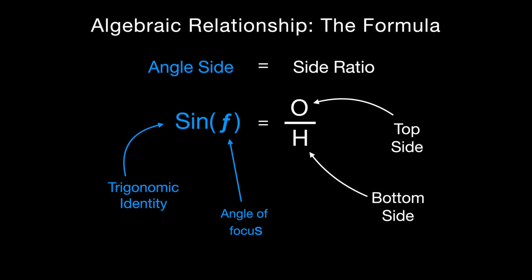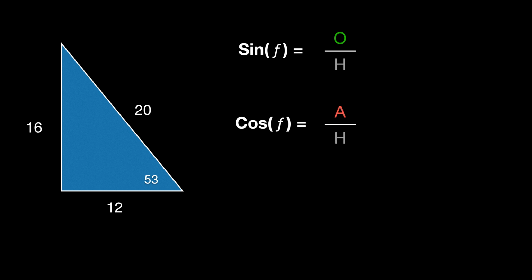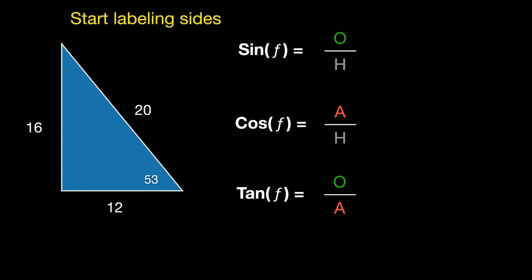Now let's look at an actual triangle and plug into this algebraic relationship. Again, the sine of the angle of focus has the side ratio opposite over hypotenuse. The cosine of the angle of focus is the adjacent side over the hypotenuse, and the tangent is the opposite side over the adjacent side. Once you know these and you have a triangle, you can start labeling sides.